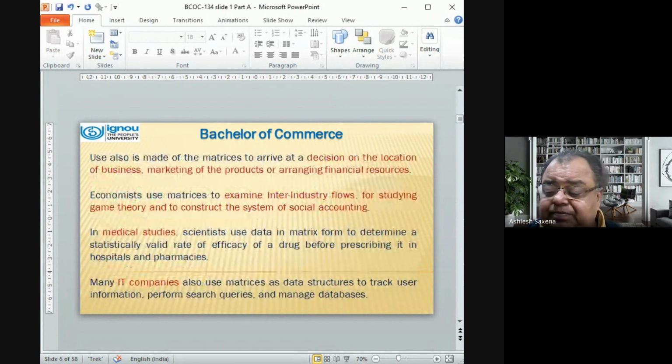The last part we will see is how this matrix is used. Use is also made of matrices to arrive at a decision on the location of business, marketing of the products, or arranging financial resources. Economists use matrices to examine inter-industry flows, for studying game theory, and to construct the system of social accounting.